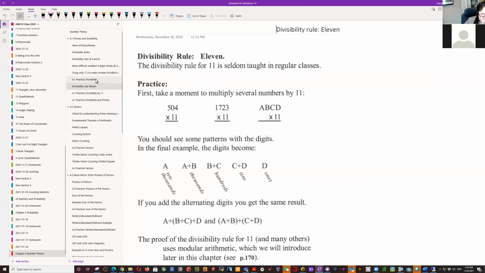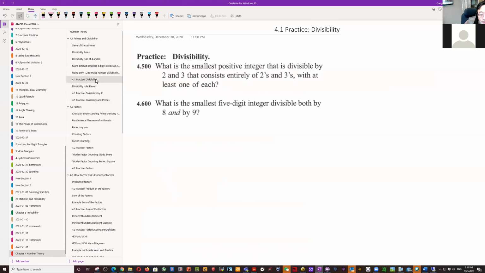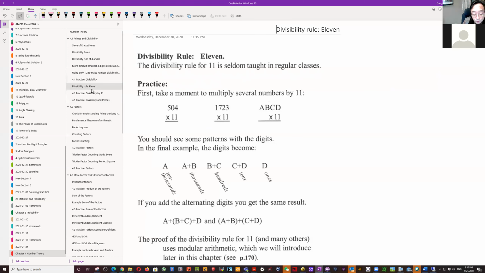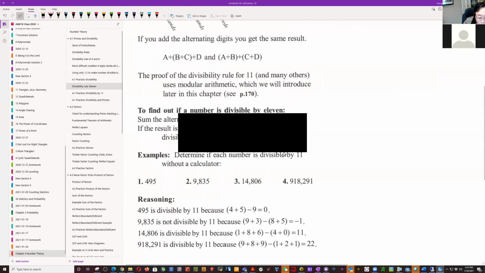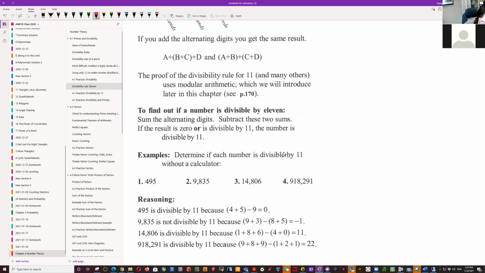The divisibility rule by 11 is that you can just add and subtract, because it's really the digital sum of the odd positions and the even positions. For example, you add up the odd to be 9 and the even is 9.